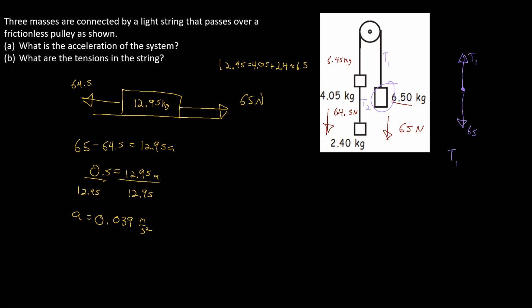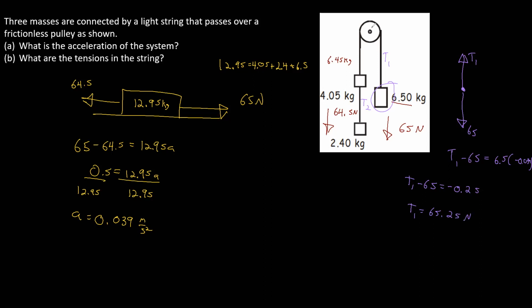So it's T1 minus 65 equals m times a, which is negative 0.039, because it's going to accelerate downward. So T1 minus 65 equals negative 0.25, and then add the 65 newtons over, and I get that T1 is equal to 65.25 newtons.